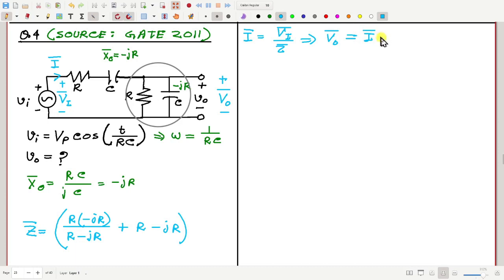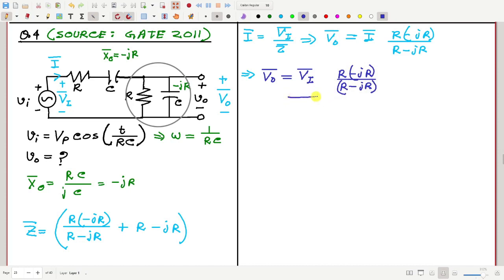That will be I multiplied by this parallel impedance, which is R into minus JR divided by R minus JR. Now if you put the value of I, we will get VO equal to VI times R minus JR in the numerator, and the denominator will be Z, which is this long expression.